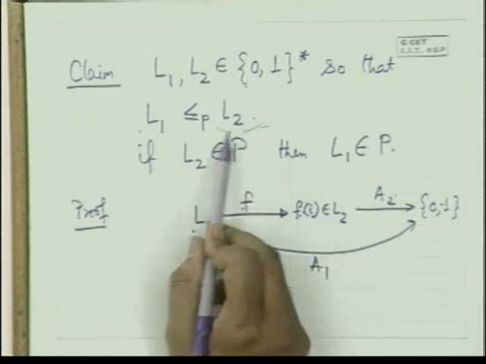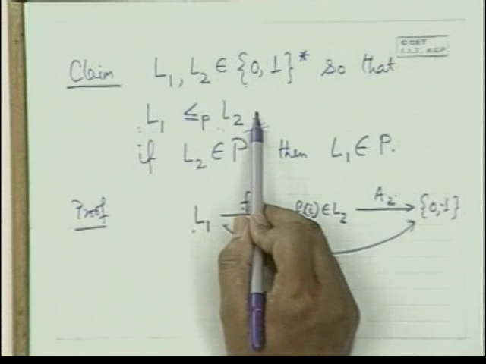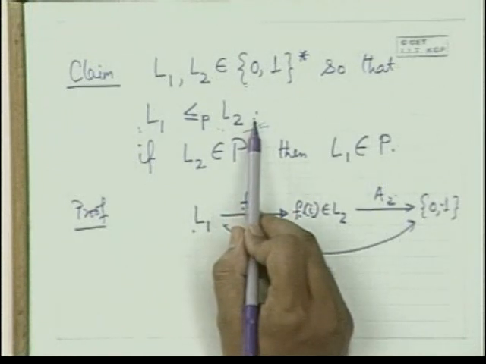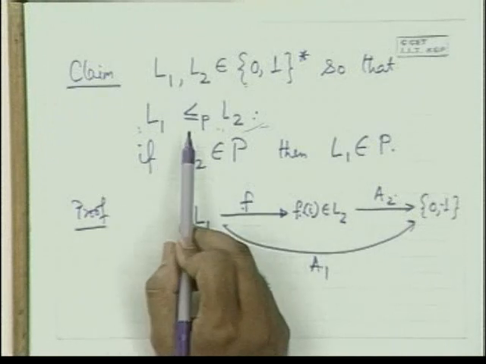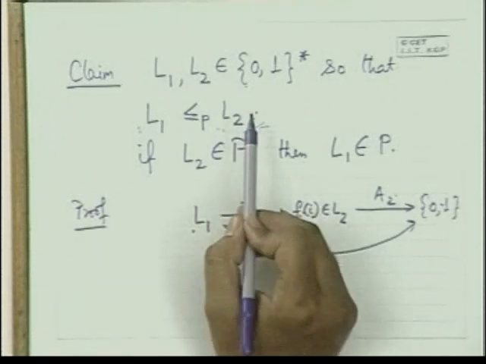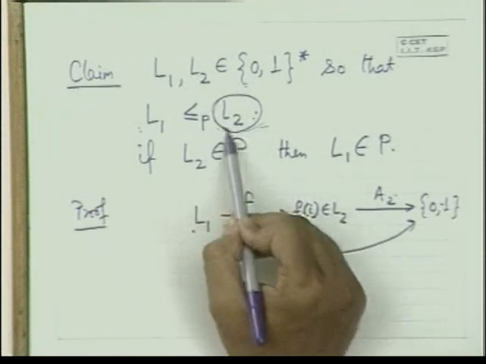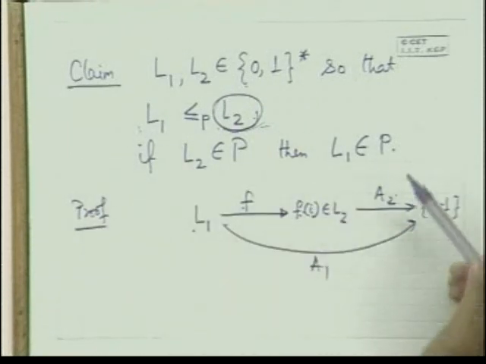By this property, you cannot say if L1 can be solved in polynomial time, L2 also can be solved in polynomial time. No, that is not true. This logic does not work. You should think over it. So by reduction we mean exactly this direction, which should be in your mind properly. We can only say if the problem in L2 can be solved in polynomial time, then L1 can be solved in polynomial time. So this direction is very important.